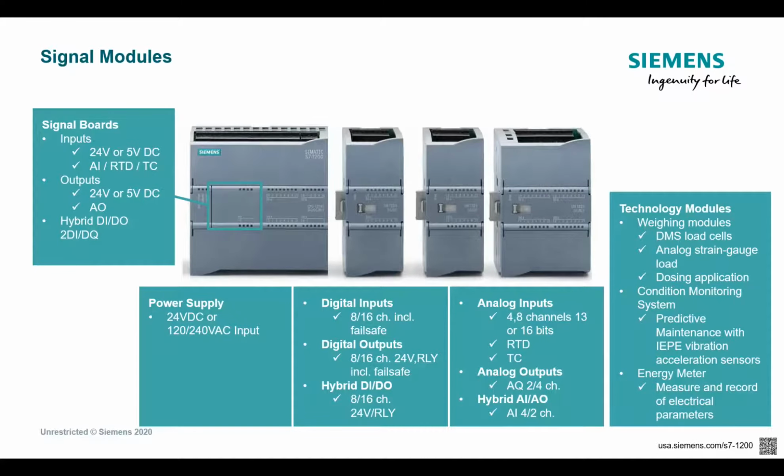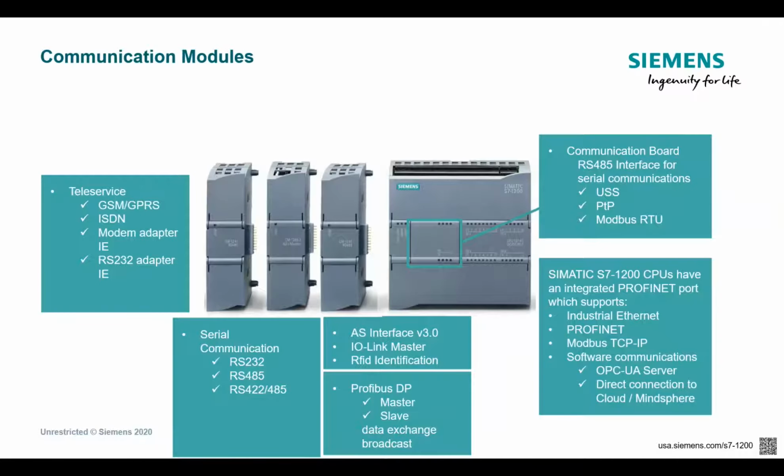With the communication, we also have a wide array of options. We can do cellular cards, we can do serial communication, OSI interface, we can do IO-Link, Profibus, and then we also have an option to put a serial communication board in the base of the PLC. Now that is for Modbus and USS.